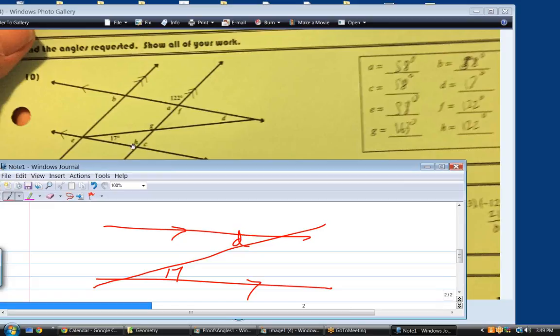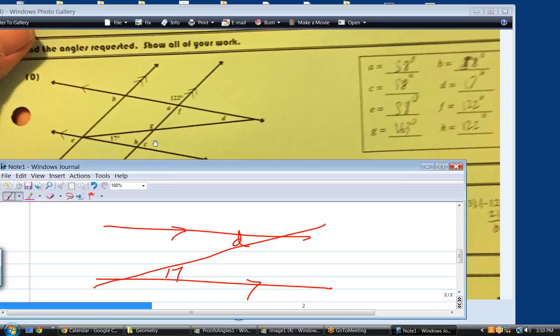They're consecutive. No, hold on. H would be supplementary with A. H is 122. H is the same as F. They're alternate interior. And that is one of the advantages of using these words that they use, because sometimes you can't tell what's the acute and what's the obtuse with perspective.